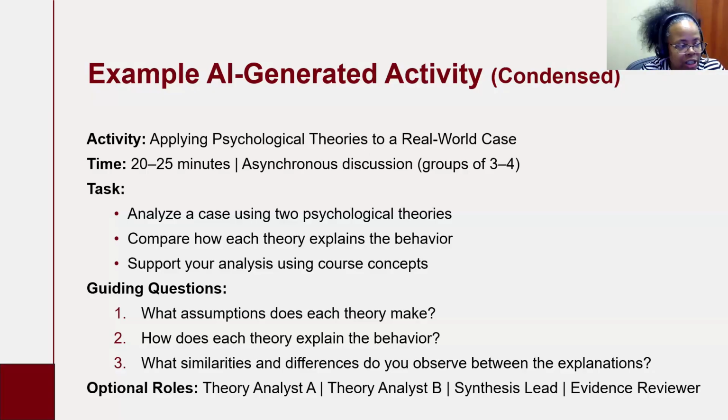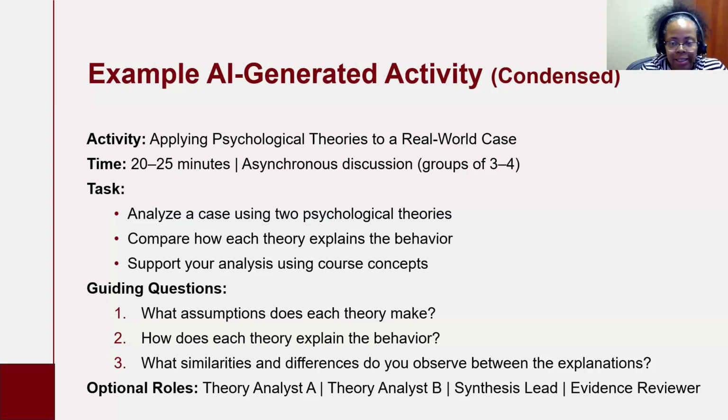The guiding questions help focus students on analysis by asking them to examine assumptions, explanations, and similarities and differences between theories. We also see some structure built into the activity, including an estimated time and optional group roles.